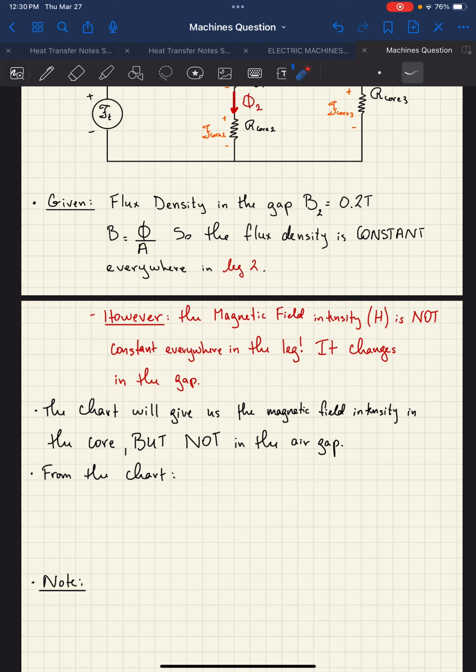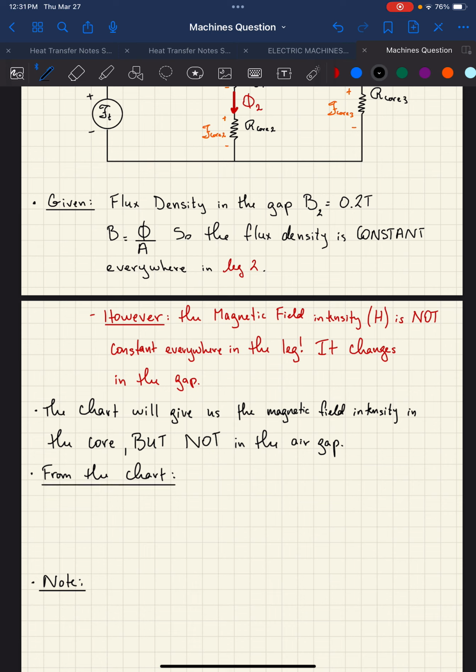So anyway, the chart gives us magnetic field intensity in the core, but it doesn't give it in the air gap. So what we need to do now is find H in leg 2. From the chart, let's see what we got.